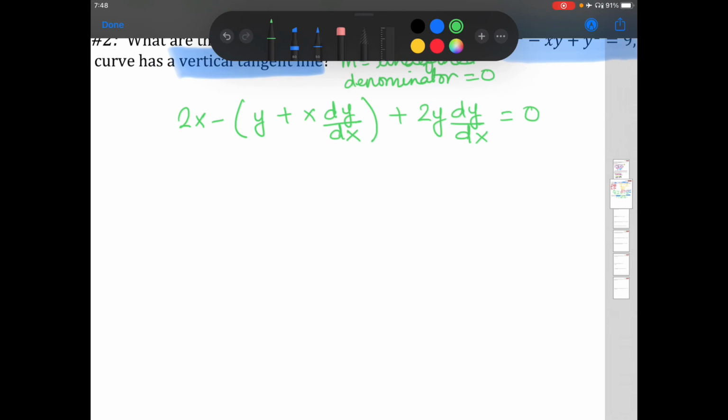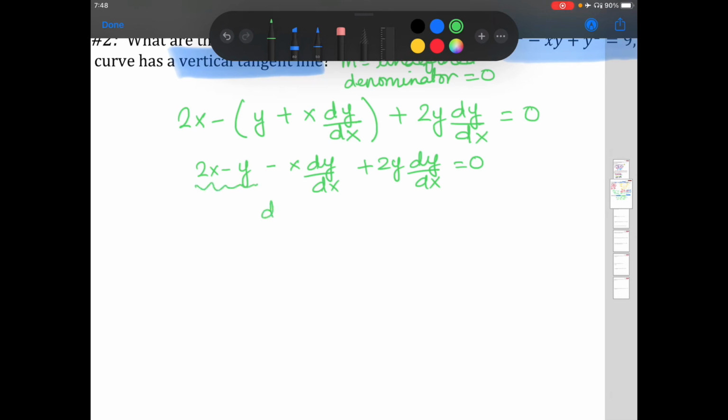So it's going to be 2x minus y minus x dy/dx plus 2y dy/dx equal to 0. So now I'm going to factor out my dy/dx, and I'm going to move these two onto the other side.